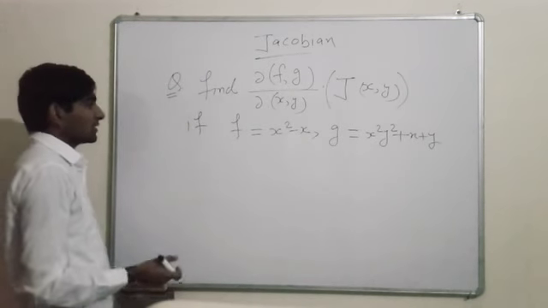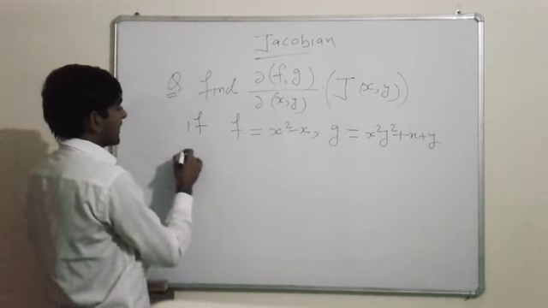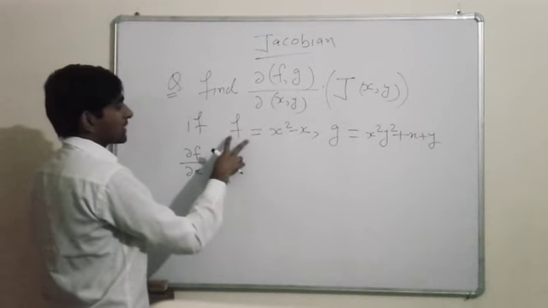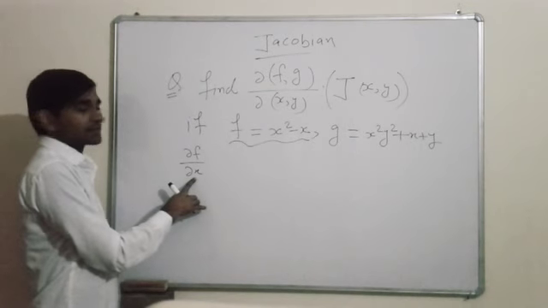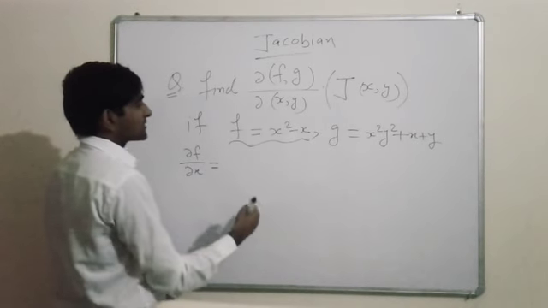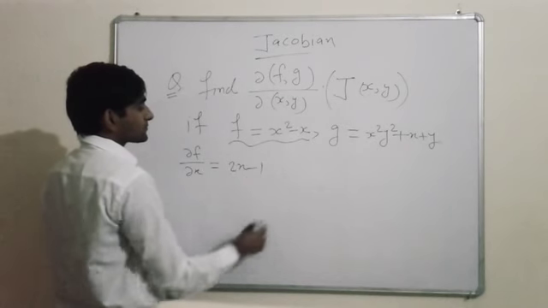So according to the Jacobian formula, we have to find del f over del x, the partial derivative of the f function with respect to x. With respect to x means we take y constant, this is 2x minus 1.